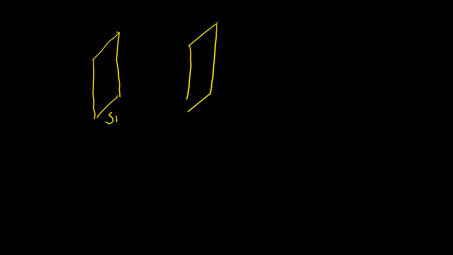So, dear student, between the plates of a capacitor, suppose this is the S1 plate, which is a conductor, and this is the S2 plate. Between the two plates of a capacitor, there is a region, or there is the presence of a medium between them.